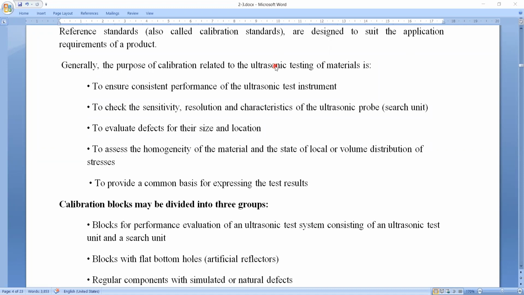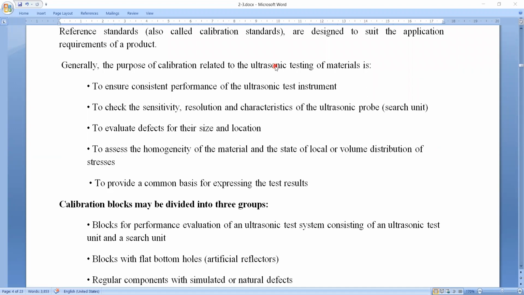And one more thing, to provide a common base for expressing the test results. There are so many industries and testing companies, and we are purchasing products from different countries, and at the same time importing our products to different countries.